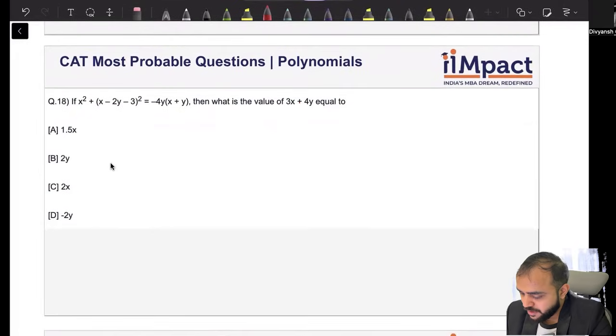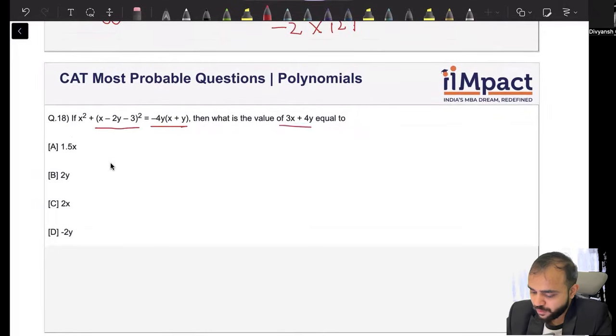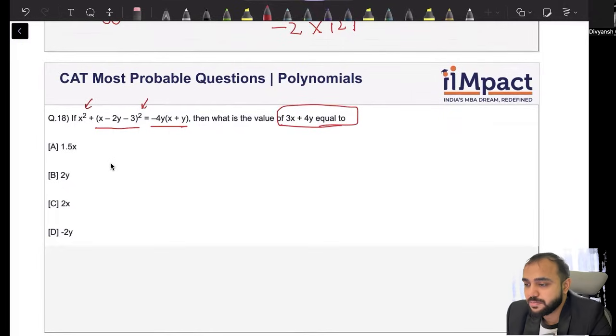Moving on. If x square plus x minus 2y minus 3 whole square is equal to minus 4x plus y, then what is the value of 3x plus 4y? So I have one equation, two variables, and I am being asked an exact thing, which means, particularly as there are also quadratics here, I am thinking about completing these squares.